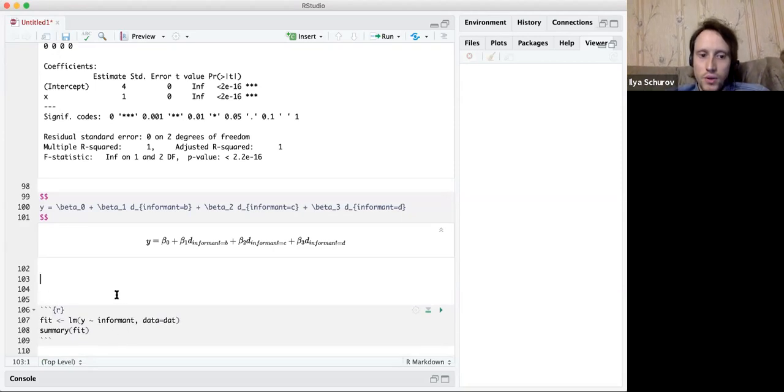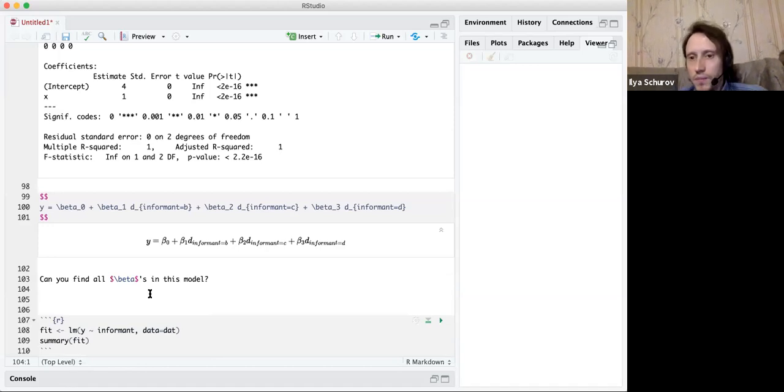Before I do this linear modeling with R, can you find all the betas for my data?